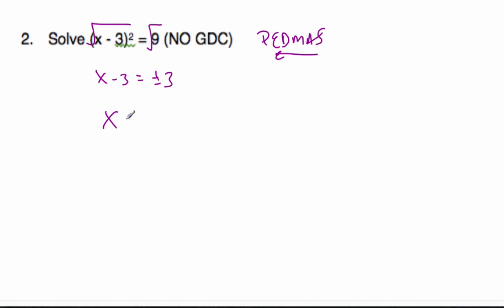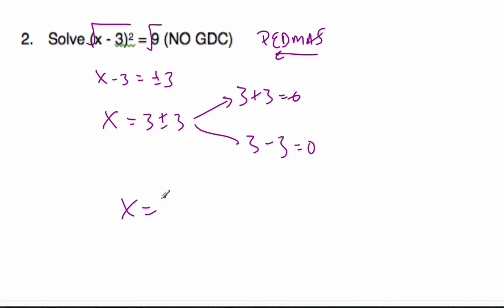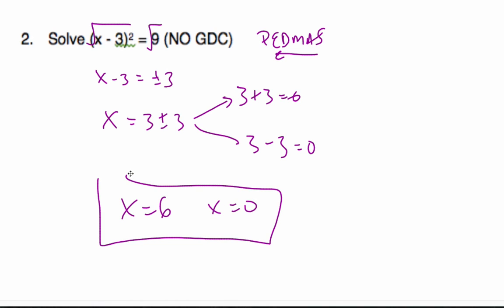And so x equals positive 3 plus or minus 3. Well, that's 3 plus 3, which is 6, or 3 minus 3, which is 0. My two solutions are x is equal to 6, x is equal to 0. Okay, quite straightforward. Recognizing it is PEMDAS backwards is a good way.